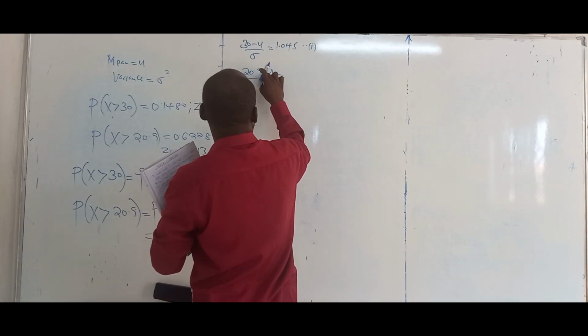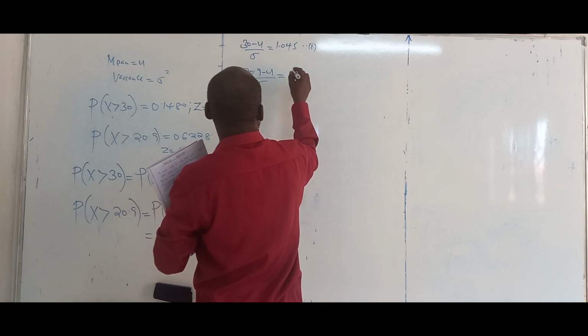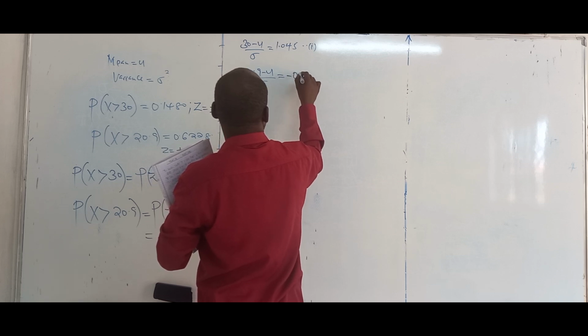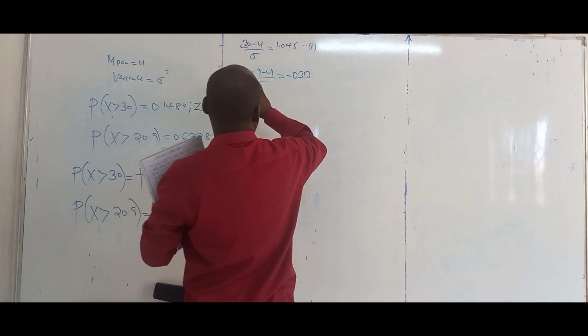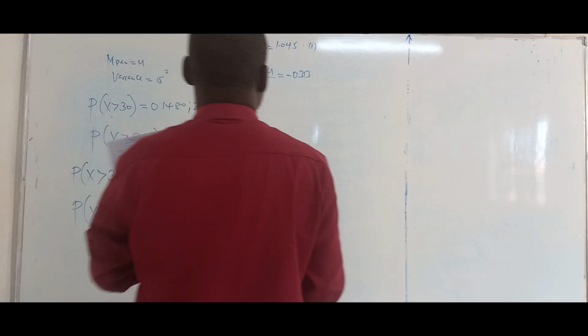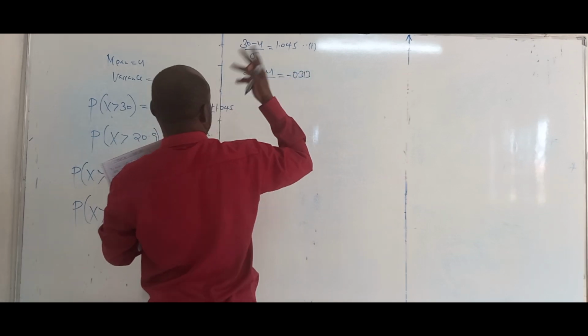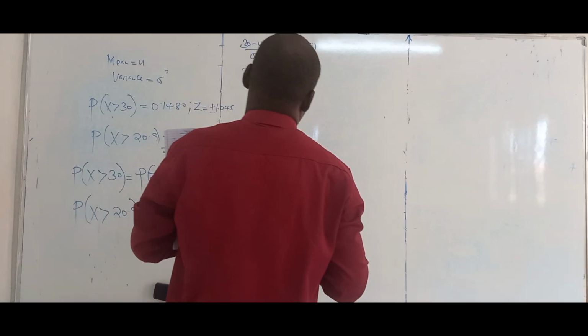So because of this, we adopt a minus. So we say minus 0.313. Well, we could try plus as well. We could try plus and see the value that we get, but conveniently, the negative sign works it out.